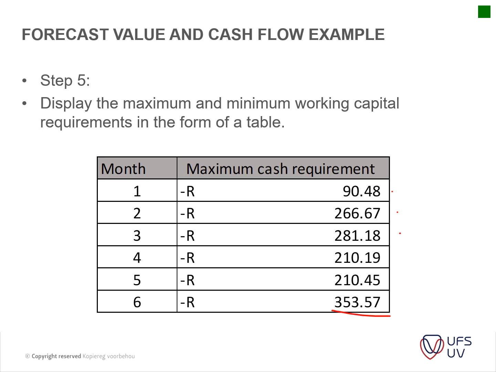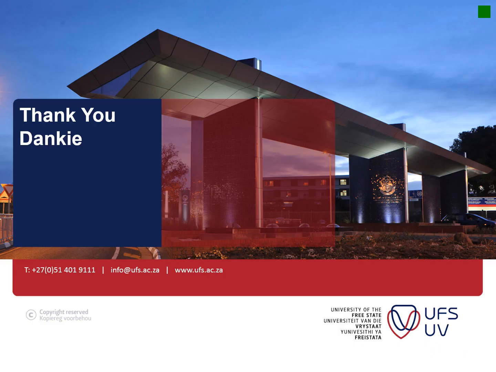Then you saw what we had there, the 353,000. So on Excel, it's very easy to just pull that formula through to get that deficit. So this is a very typical question that I might ask, where you have to calculate what your capital outlay will be, or the maximum working capital that you will need to finance this project, which will be within the first 6 months, for instance. Okay, and that's more or less it.